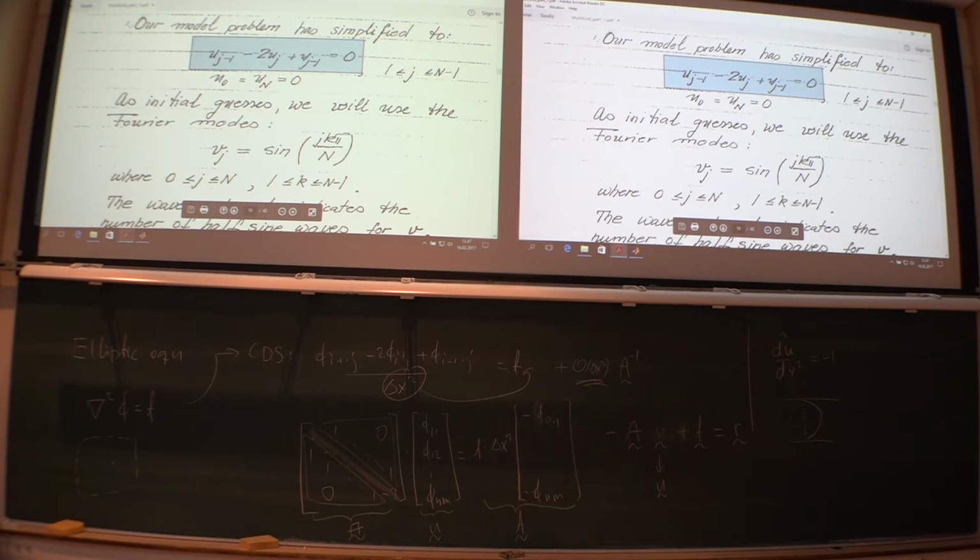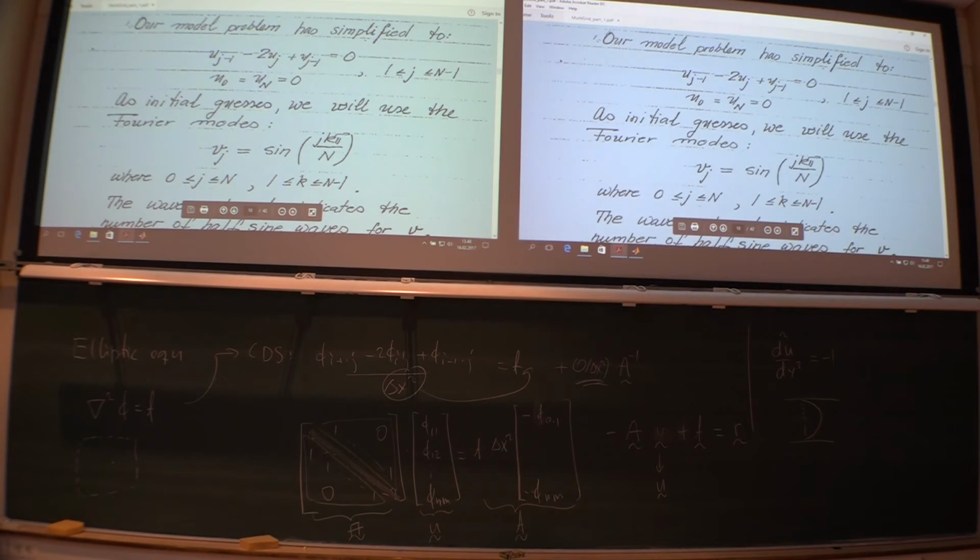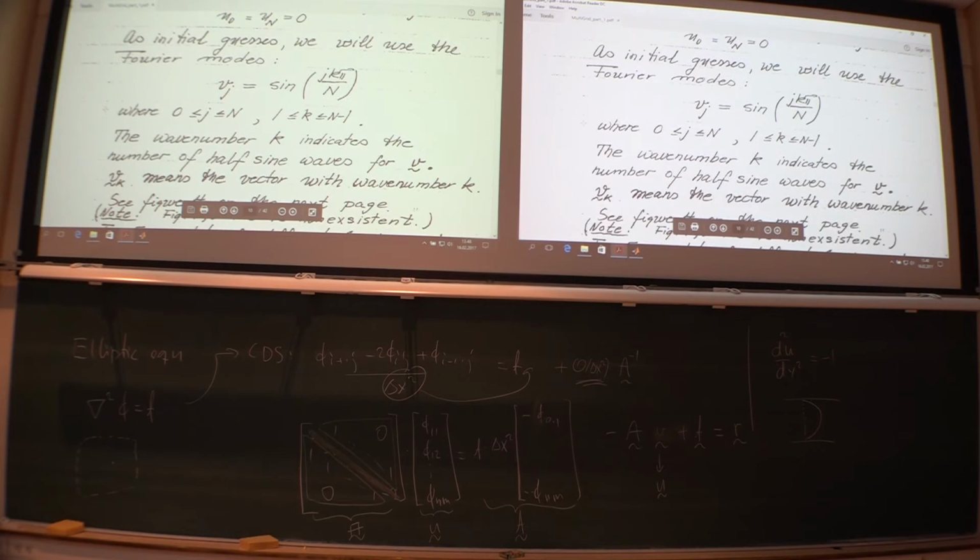And now we start creating the initial field. We play around with it. And we are then talking about different Fourier modes. We are talking about high frequent, medium frequent, low frequent errors that we sort of start with. And then we can follow the different errors and see how they behave during the iteration process.